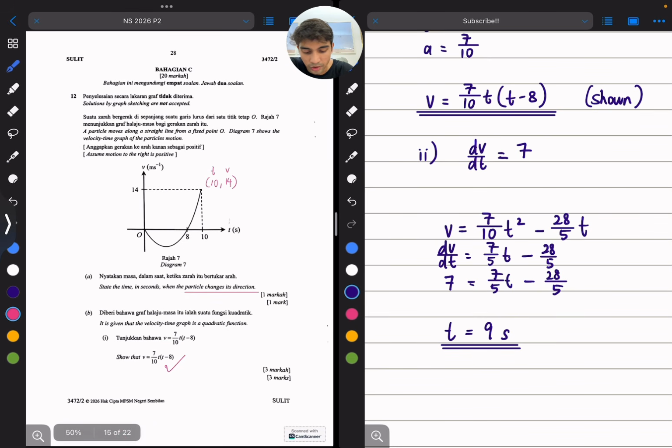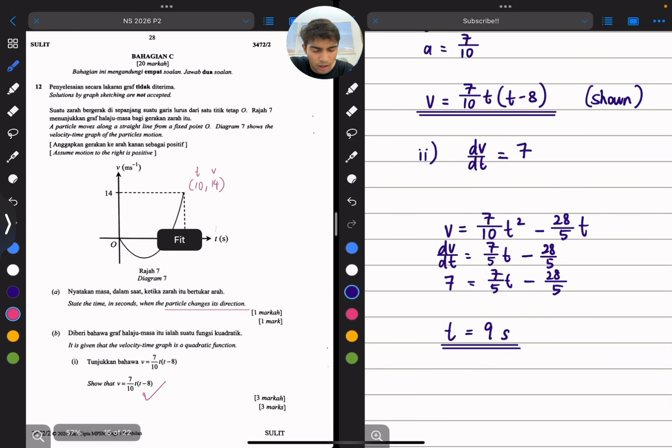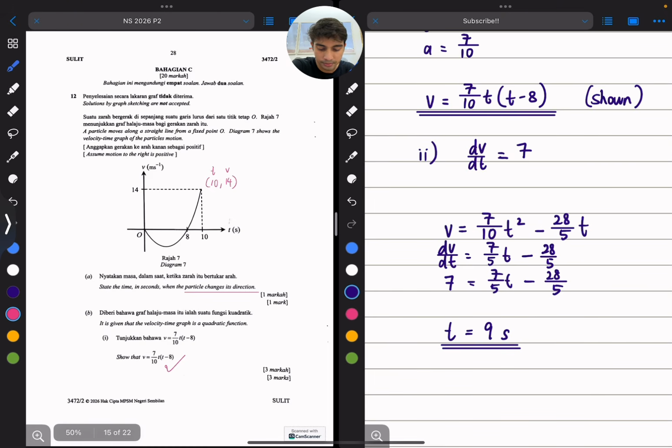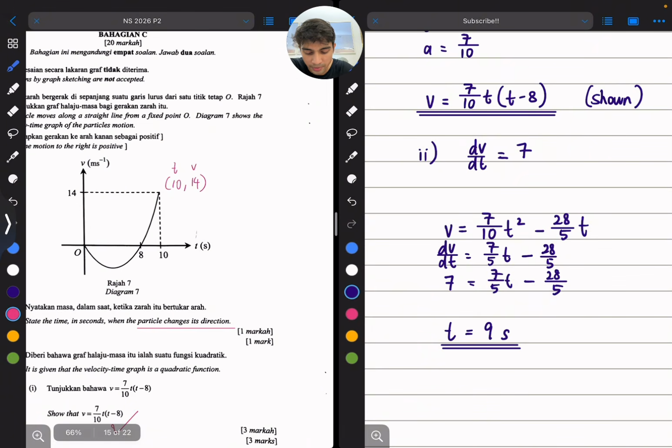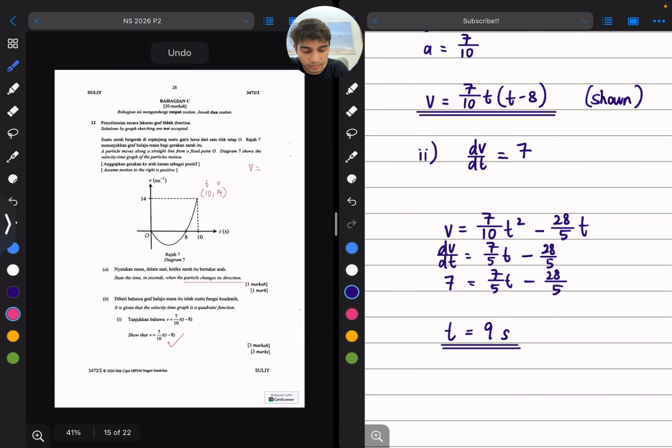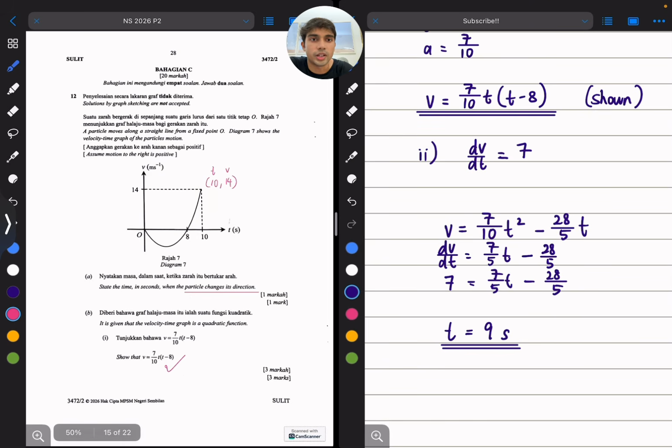So if we have a velocity time graph, if you want to find the distance traveled, you need to find the area under the graph. So we need to find this area plus this area.